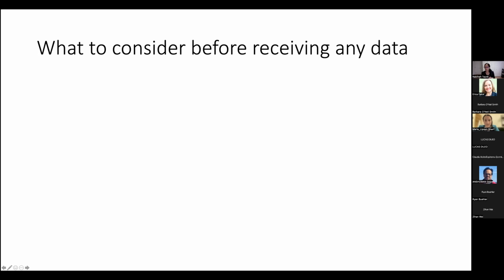Oh, sorry, there was a question in the chat. What's the difference between a prognostic biomarker and a predictive biomarker? Essentially, and we'll get into this more when we go into clinical trial design, prognostic biomarkers do not allow you to make any treatment decisions. They are about how the patients progress.